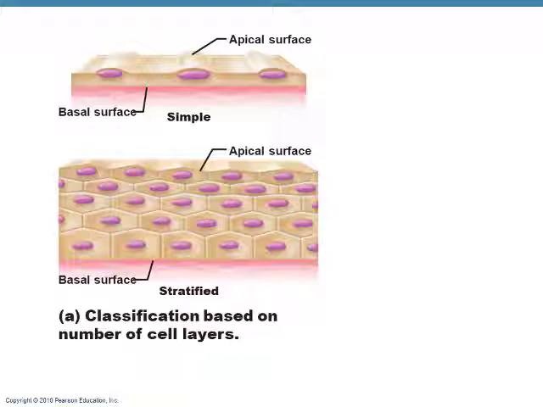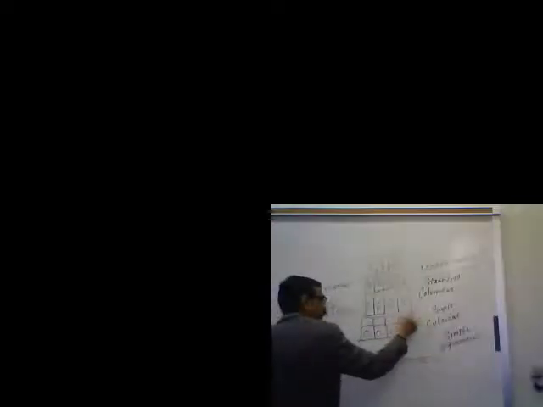Stratified. Now, this is simple, but if I add more layers on it, that is stratified columnar. This is stratified cuboidal because more than one layer. No more simple. This is stratified columnar.